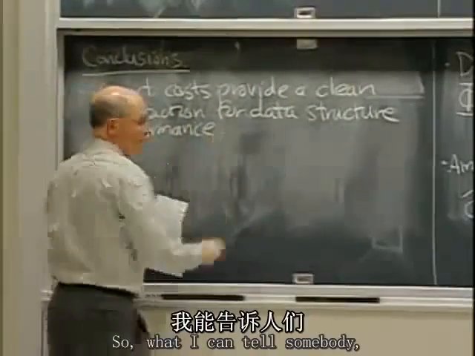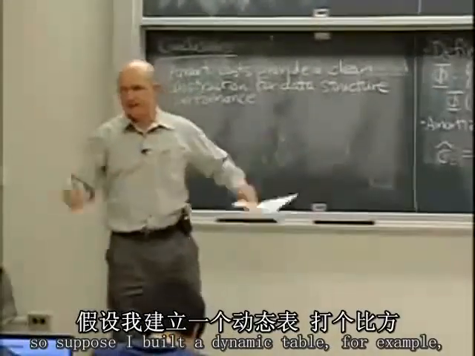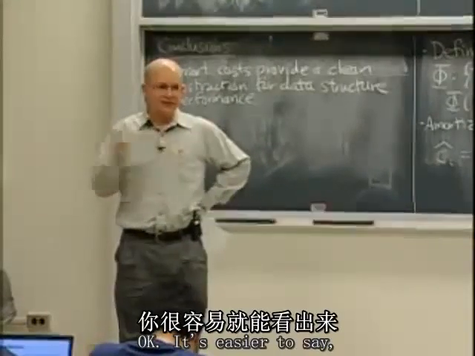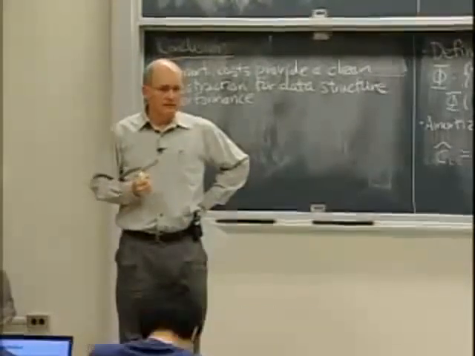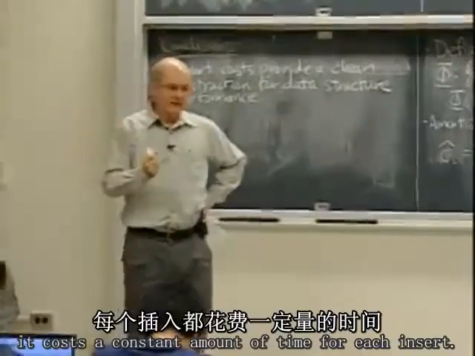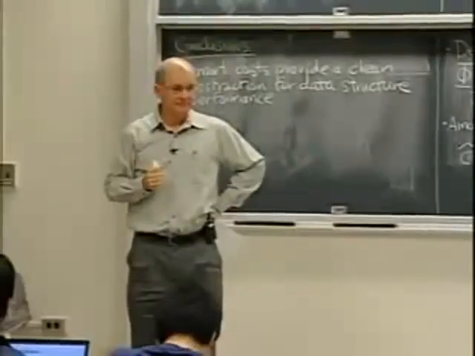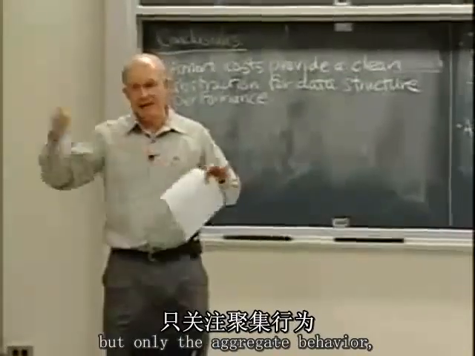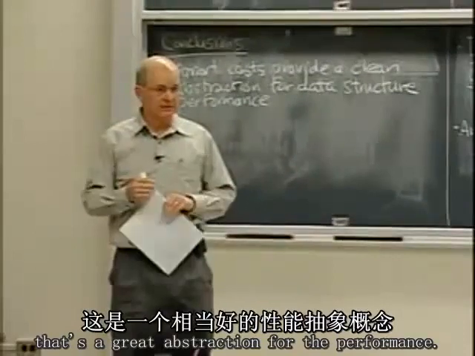So suppose I built a dynamic table, for example. It's easier to say, in terms of your own performance modeling, that it costs a constant amount of time for each insert. As long as you don't care about real-time behavior, but only the aggregate behavior, that's a great abstraction for the performance.